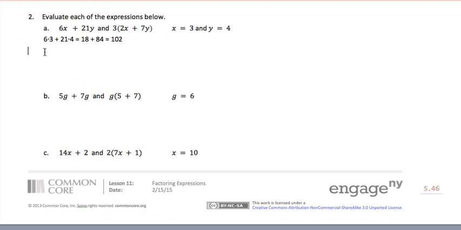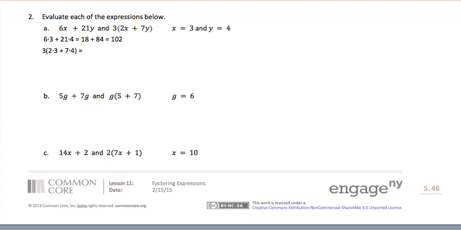That's our first expression. Our second expression then is 3 times 2 times 3, which is x, plus 7 times 4, which is y.